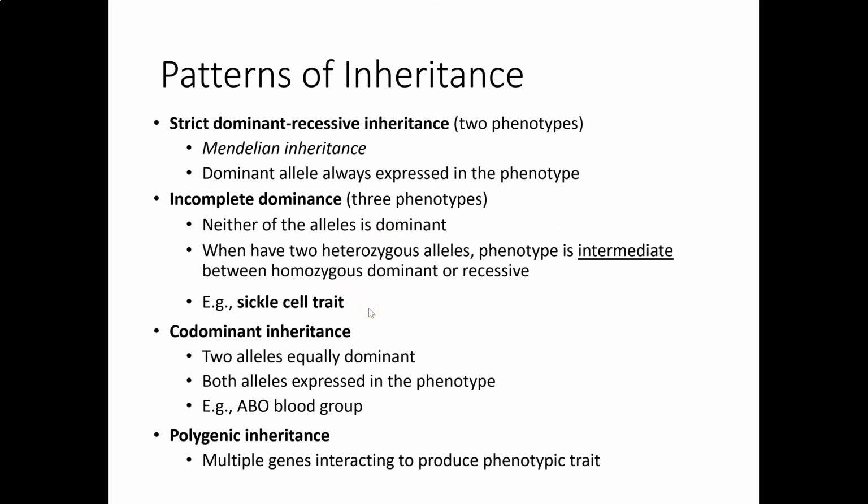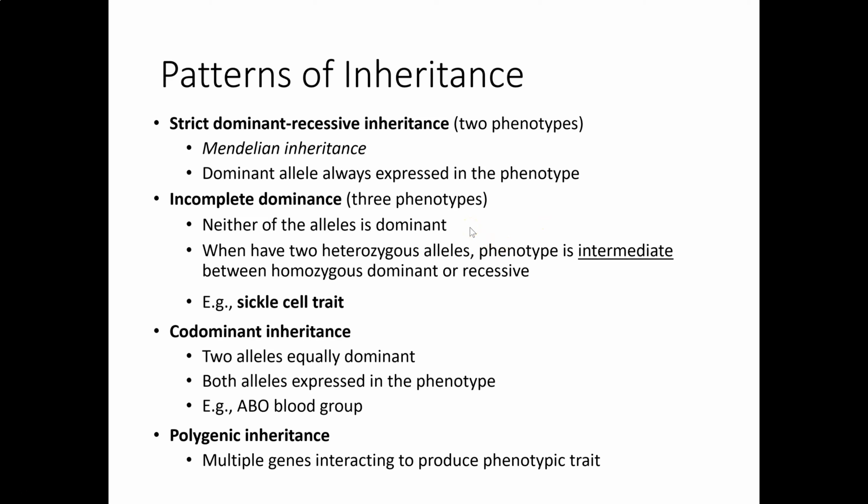Another example, which is in your lab exercise, is a red flower. The red flower allele is an incomplete dominant allele, and you have a white flower allele, which is also recessive.